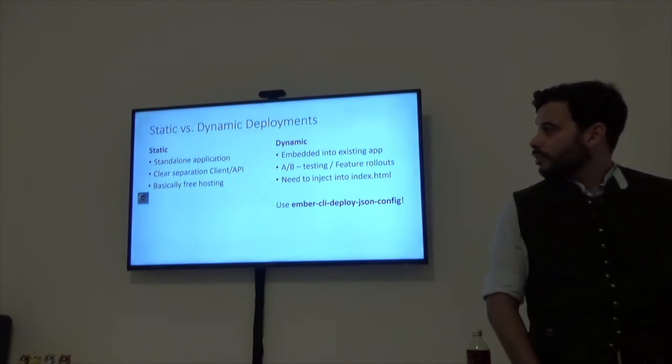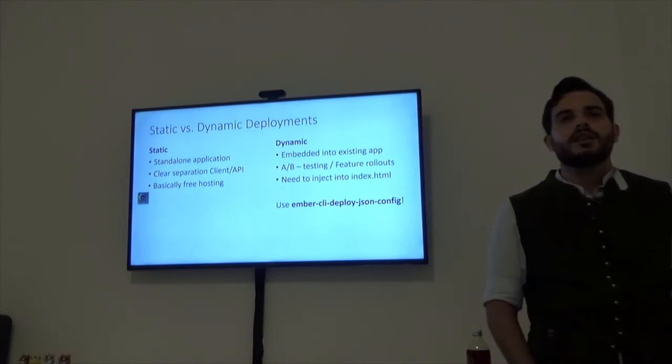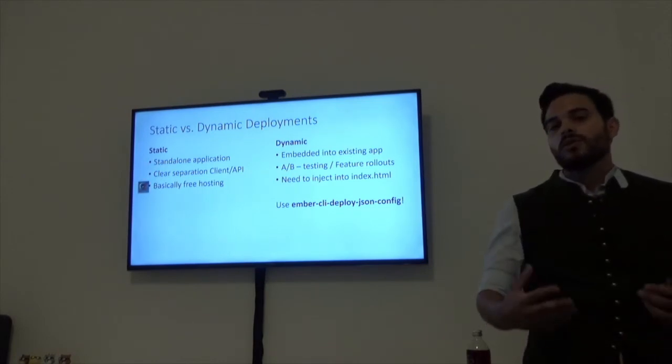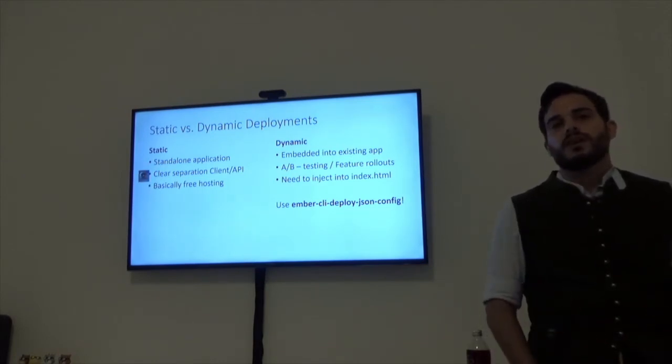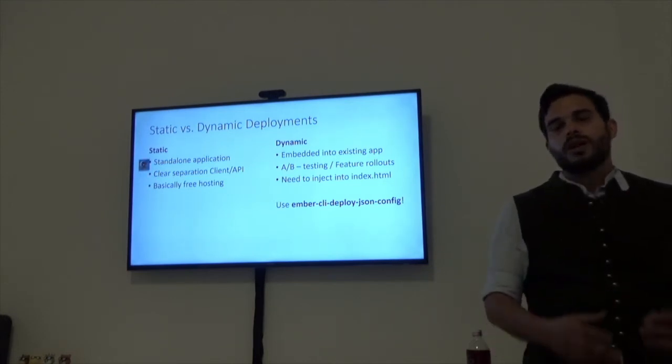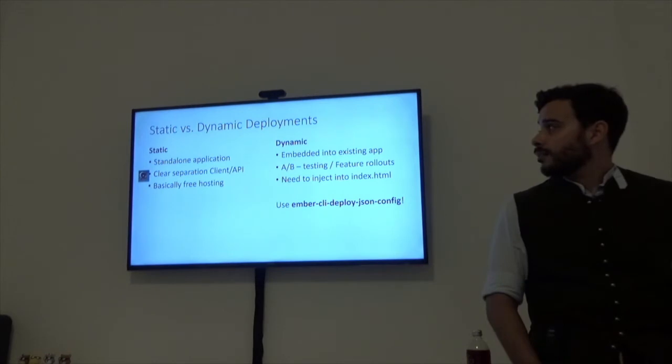You might also need to do some more complex stuff. You might be running a legacy application and you want to build the next feature with Ember, but you don't want to use the old global way of embedding Ember into your application with this Ember global. You want to use the whole Ember CLI ecosystem, and if you use this dynamic approach, you can definitely do that.